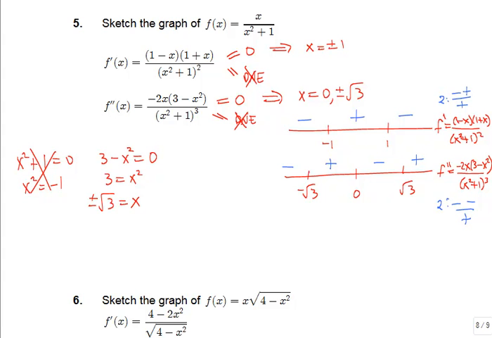All right, let's draw in our lines. So we're going to have a little line through -√3, a little line through -1, a line through 0, a line through 1, and a line through √3.